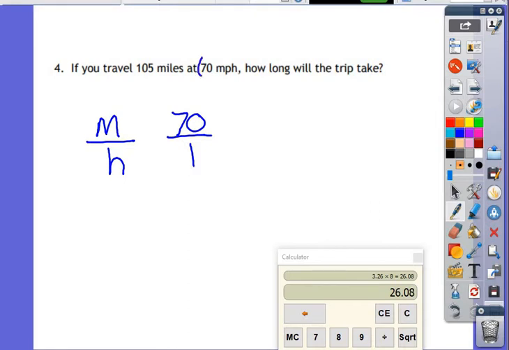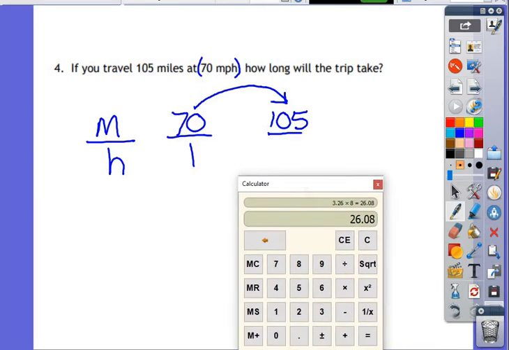So this was a unit rate. I'm going to use my unit rate, and they said I'm traveling how far? 105 miles. Is 105 going to be on the top of my fraction or the bottom? It's talking about miles, so the top. Over what? That's what I have to figure out. So I need to know 70 times what gives me 105.